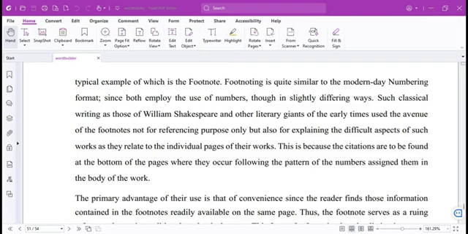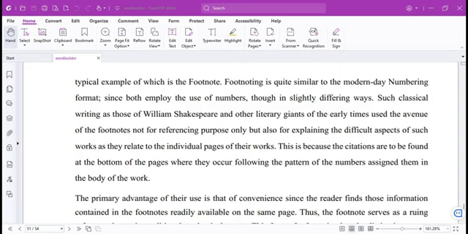So this footnote is actually for convenience. It is not just for referencing purposes. It helps you to understand the difficult aspects of the work. When you're going through the work, and you get to a place where you don't understand something, when you look at the footnote, it quickly explains that to you.